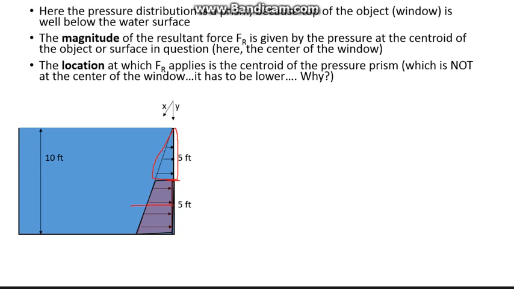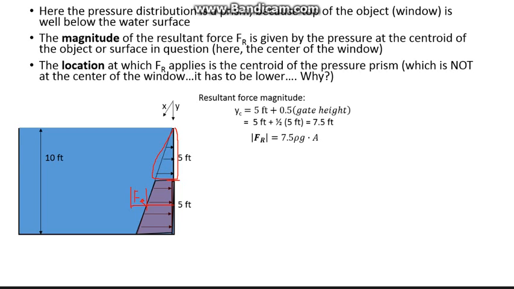So this one gives us the magnitude of F_R, not the location, just the magnitude. The center is below the surface, 5 feet down, and then another 2.5 feet, which is 1/2 times the height of the whole gate or window.